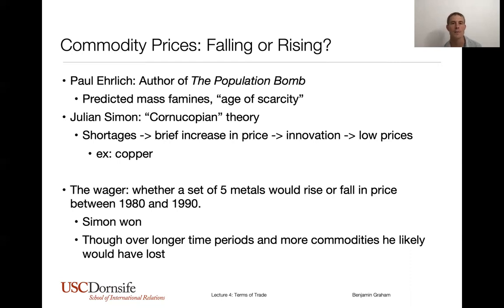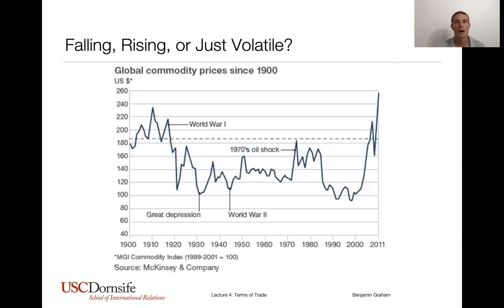Now, obviously their argument isn't specific to this decade or these 5 metals. And if you pick different baskets of commodities or different timelines, you might have had Ehrlich winning the bet, right? But the thing about global commodities, and this is a commodity price index, is that there's no clear trend where it's going up or down over time. And you'll see there's been a fall again after 2011.